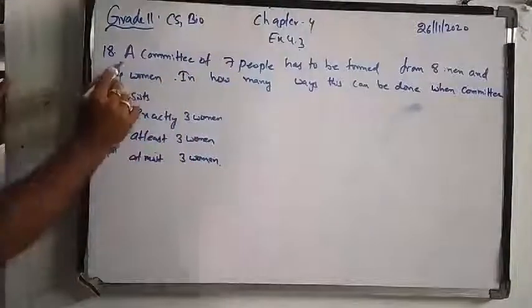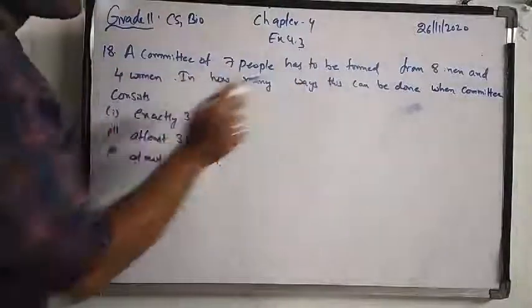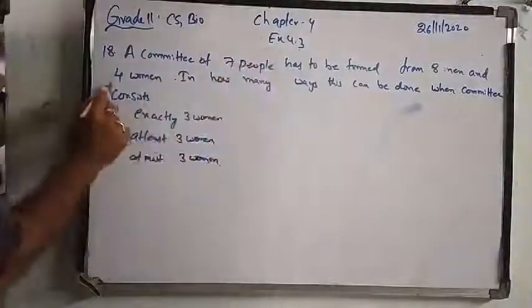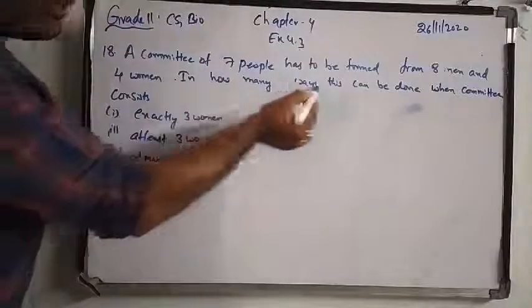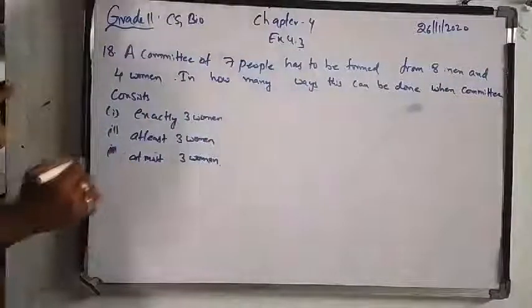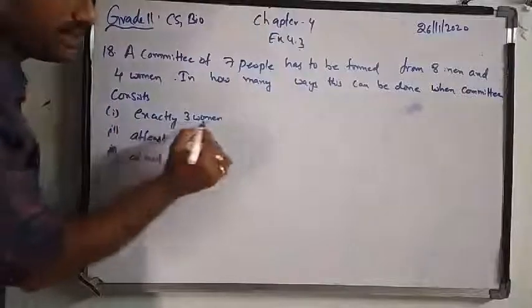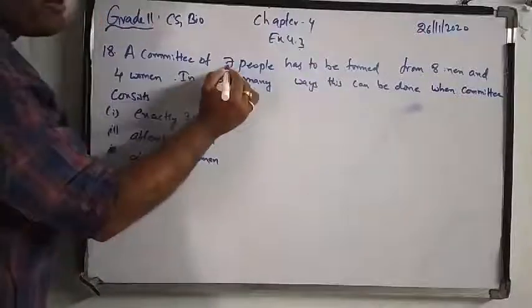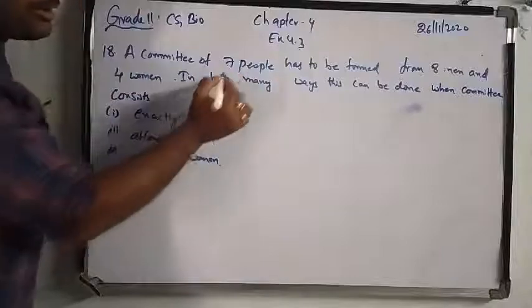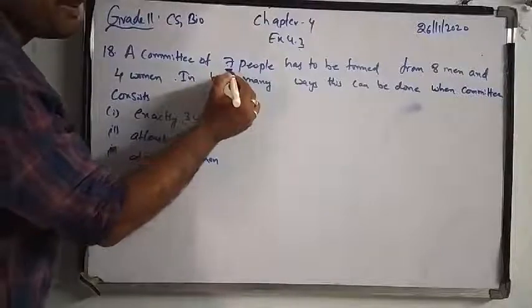So next, 18th question. A committee of 7 people has to be formed from 8 men and 4 women. In how many ways can this be done when the committee consists of exactly 3 women? So totally I need to select 7 people.